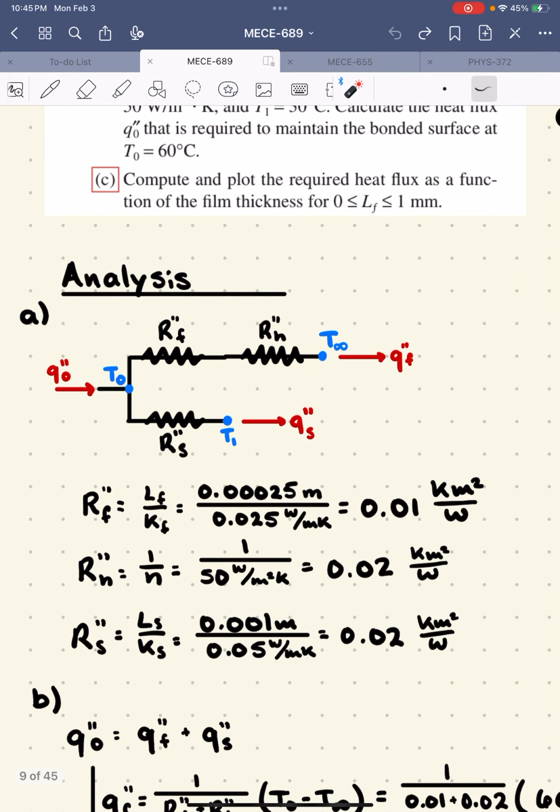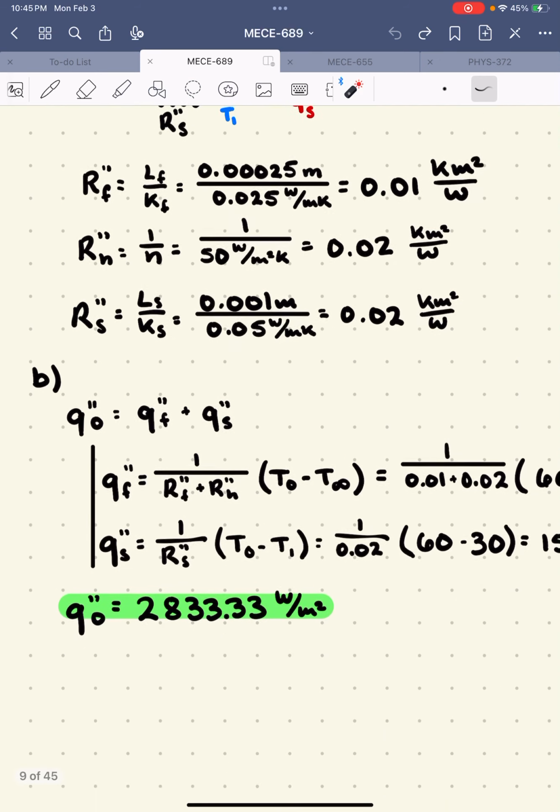All of these resistances are detailed here, where for conduction we have the length over the conductivity, and for convection we have 1 over the convection coefficient, which gives us values as seen here.